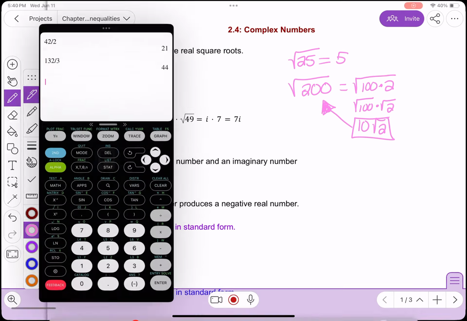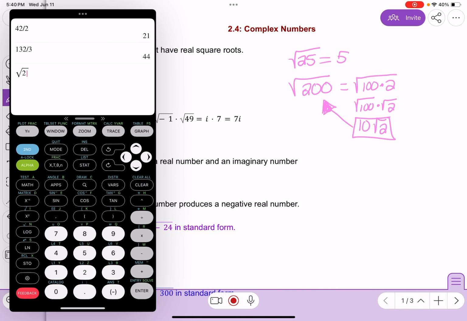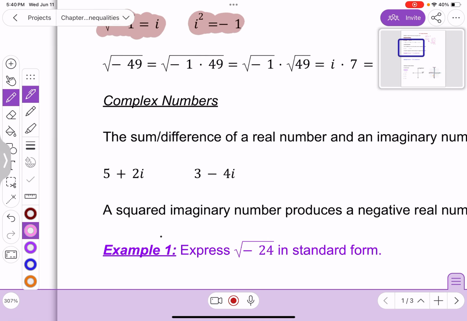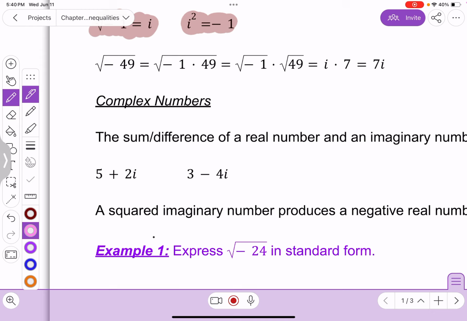If we typed those in a calculator, square root of 200, we would get this mess. And if we typed 10 times the square root of 2, we would get the same number. So it's the same idea with radicals. The square root of -49 is the same as -1 times 49.